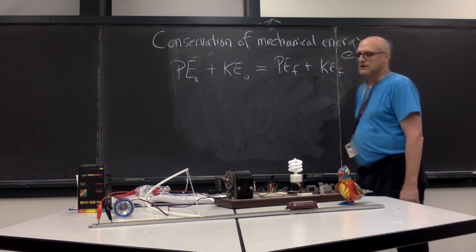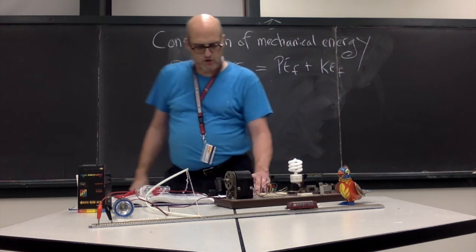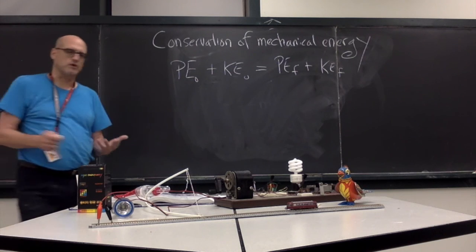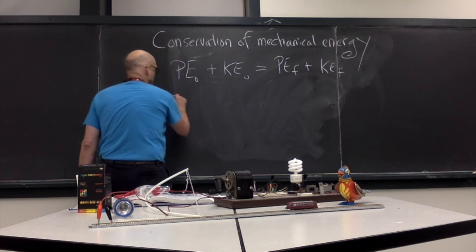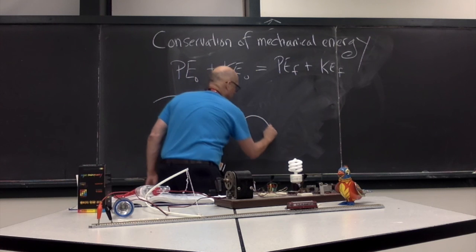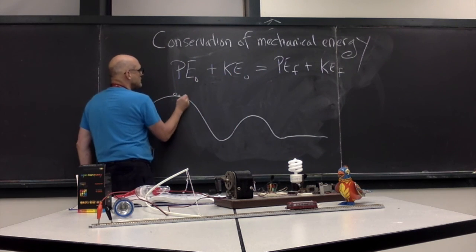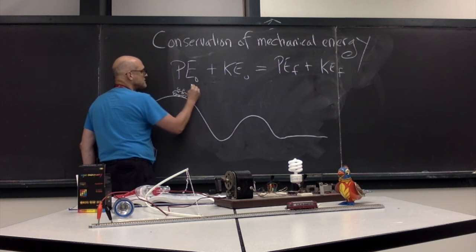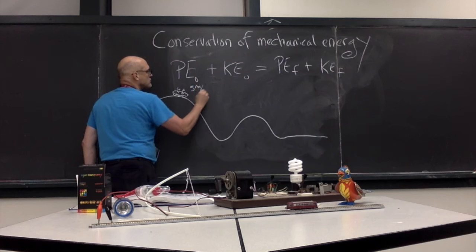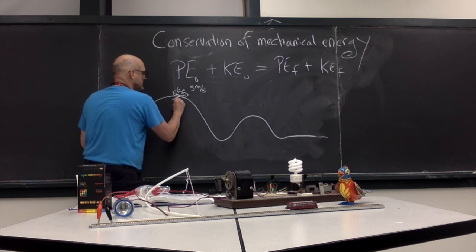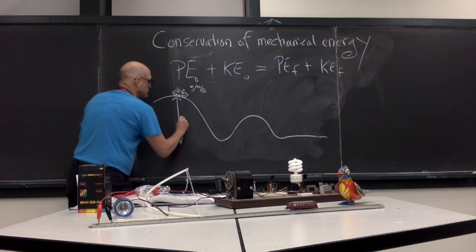Now, a classic illustration of applying this is the roller coaster. So suppose we have a roller coaster that looks something like this, and let's say the coaster car is traveling at, let's say, 5 meters per second here. And let's say the height of this hill is 20 meters.